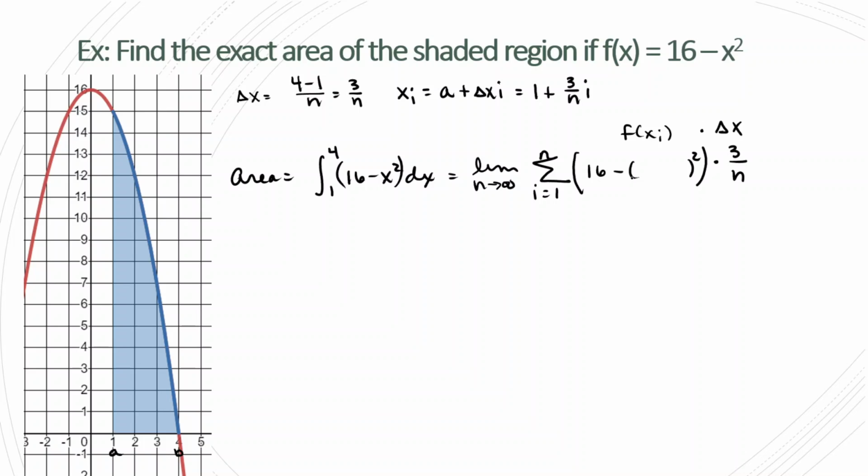Okay, now the x of i we found was 1 plus 3 over n times i. So the first thing I'm going to do is FOIL this out so I can simplify my summation.